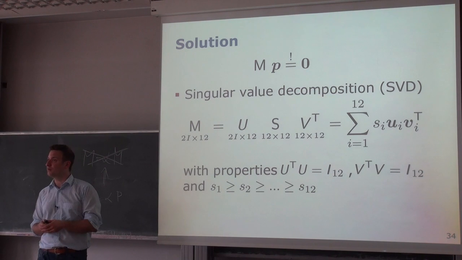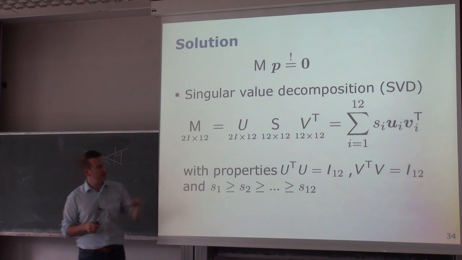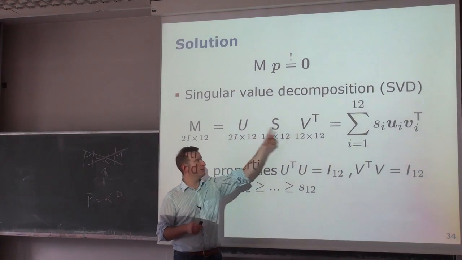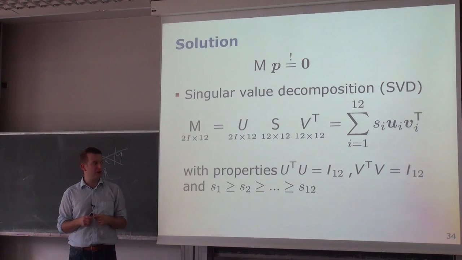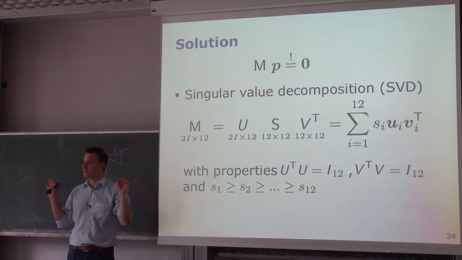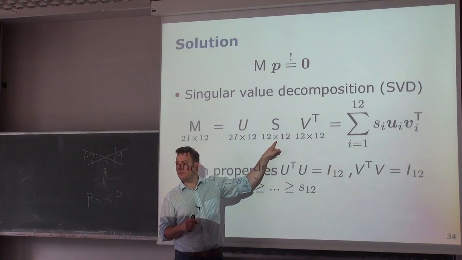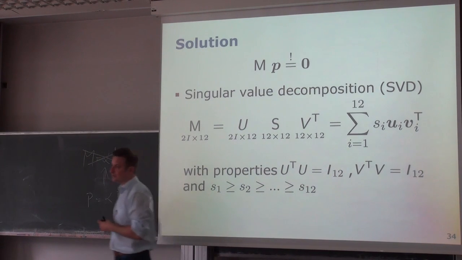What we can do is compute the SVD of this matrix M. What was the SVD? So we have two matrices over here, and U U transpose as well as V V transpose are identity matrices. So you can see this as a rotation. And we have this matrix S, which is a 12 by 12 matrix, which is 0 everywhere except the elements on the main diagonal. These are the singular values.